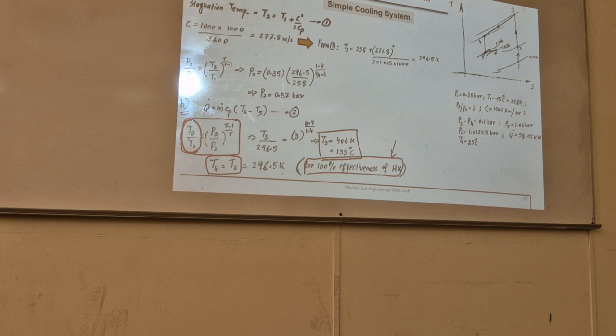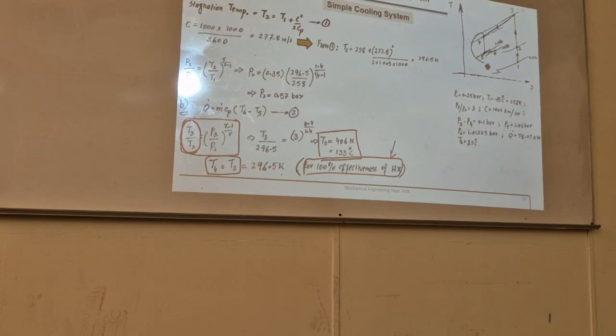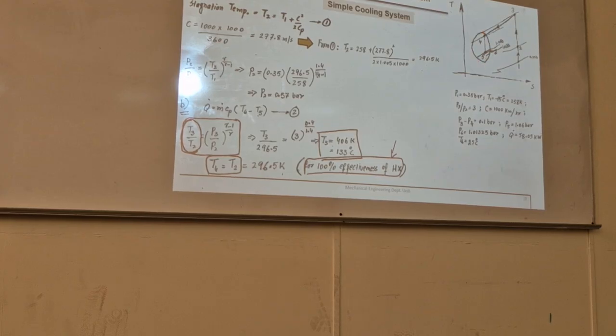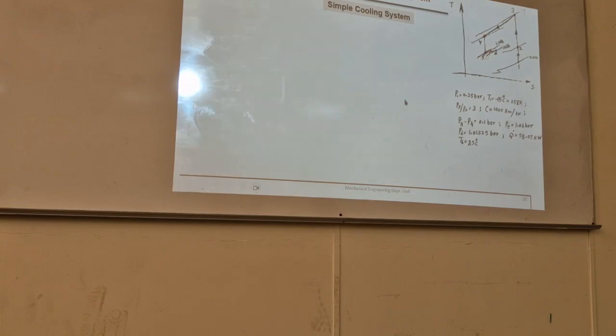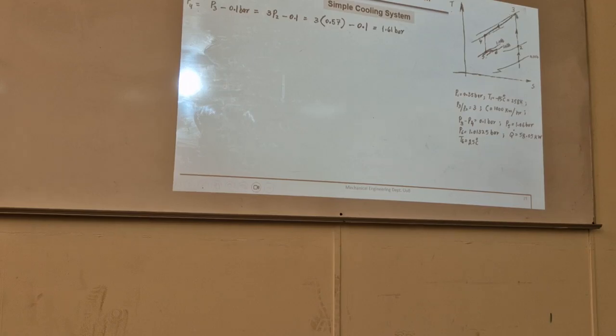Okay, any questions so far? Okay, so T4 is known. Now I can find out T5 using, oh yes, one more thing, P4 is less than P3 in this problem.